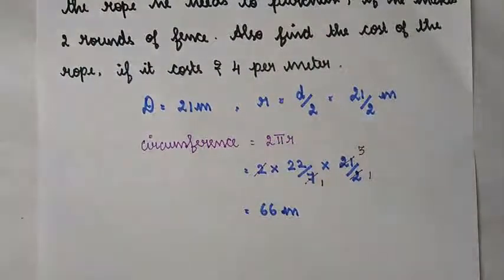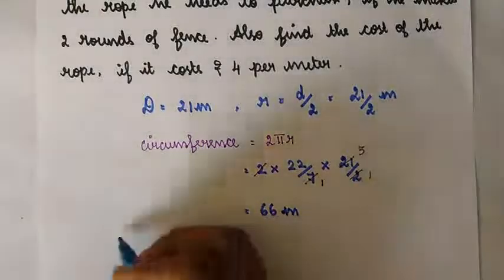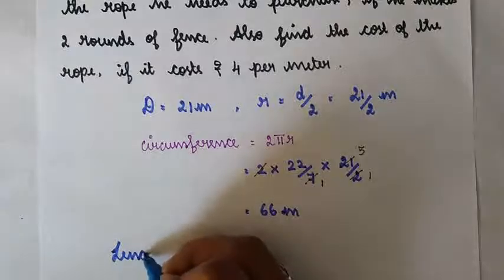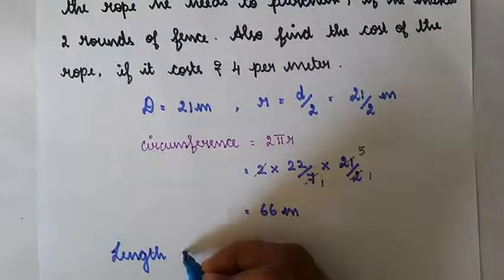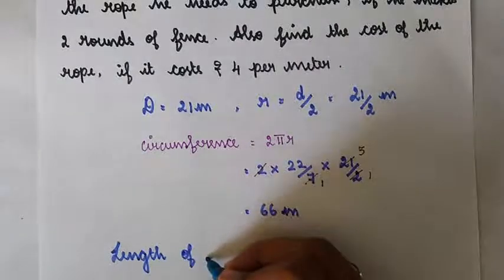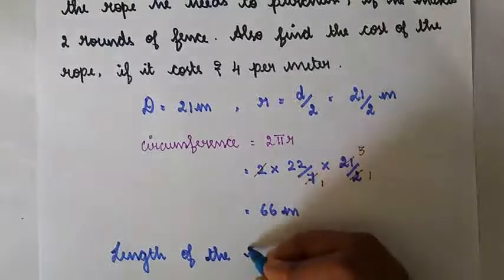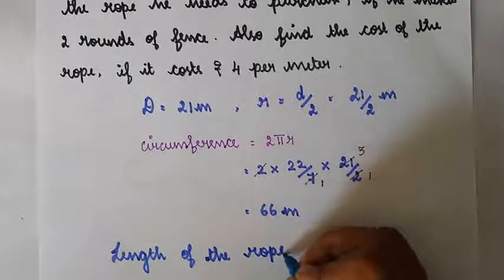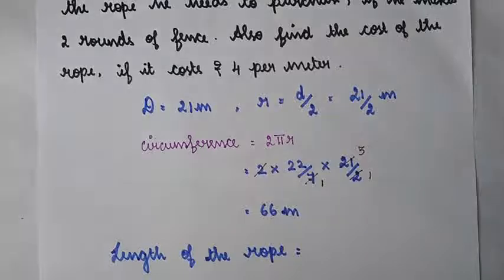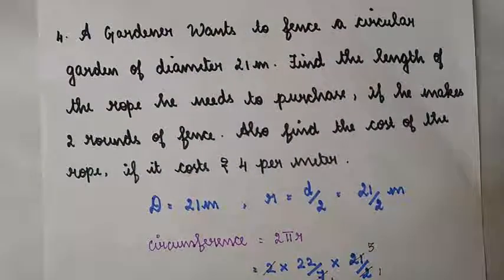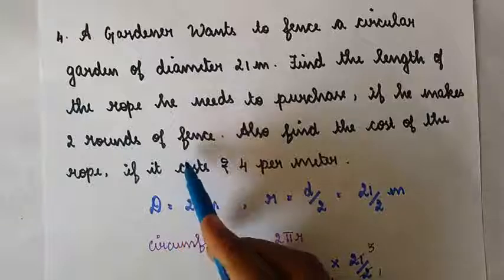Next we have to find the length of the rope. Here given is 2 rounds of fence.